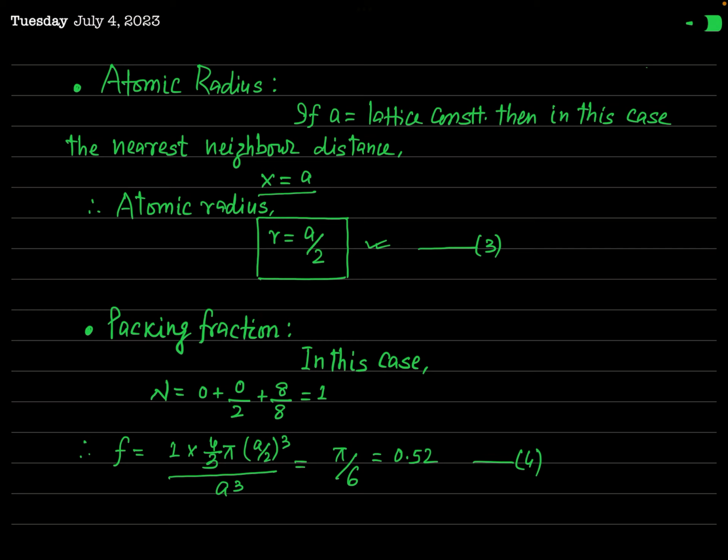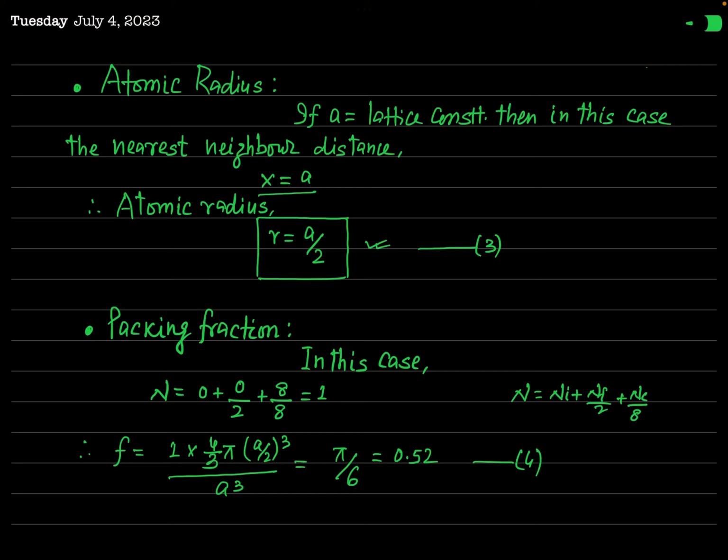Now we will calculate the packing fraction of the simple cubic lattice. As you know, for calculating the packing fraction, you have to know the number of atoms in a unit cell. For that, you use the formula n is equal to ni plus nf divided by 2 plus nc divided by 8. In the case of a simple cubic lattice, the lattice points are only at the corners.